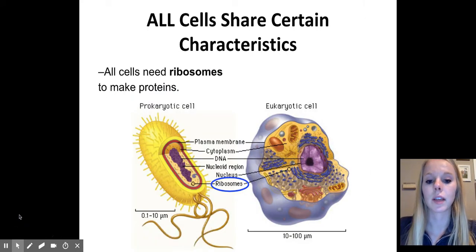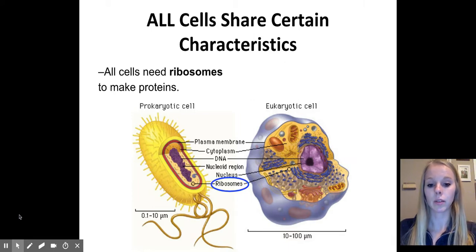Even though cells have varied structures, depending on their function, there are some similarities between all cells. So what we're about to cover is going to be found in all cells, every single living cell on the planet. All cells share certain characteristics, one of which is that all cells need ribosomes to make proteins.